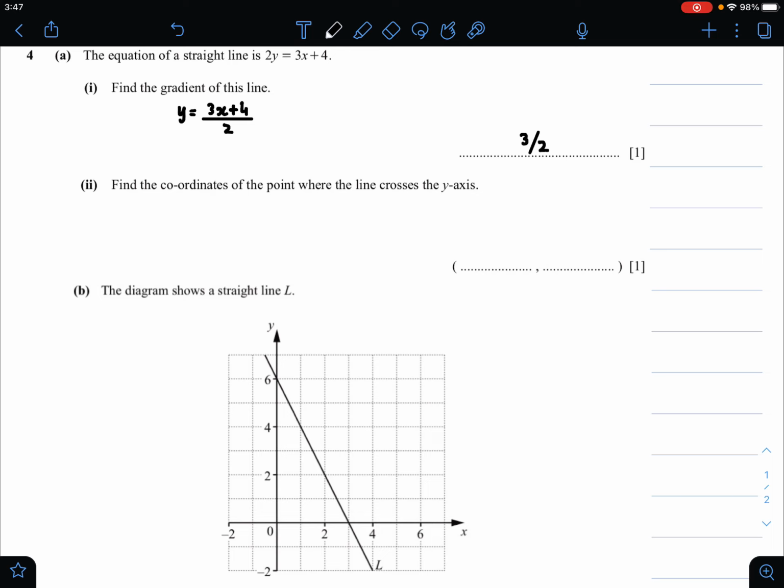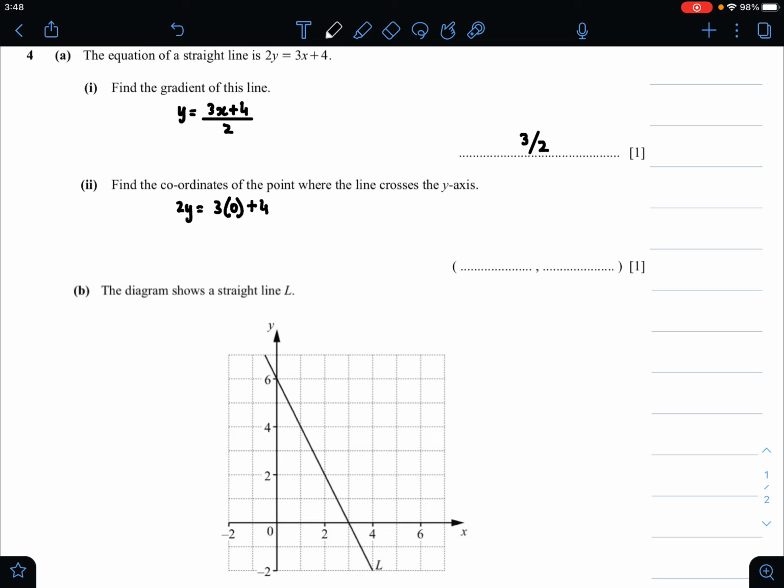Now let's move to part A2, where they are asking us to find the coordinates of the point where the line crosses the y-axis. When the line crosses the y-axis, the x coordinate has to be 0. So all we need to do is substitute x as 0. So if the equation is 2y is equal to 3 times 0 plus 4, then all we need to do is solve for y.